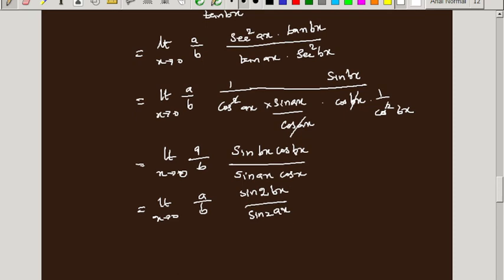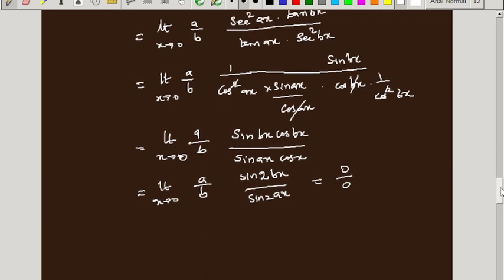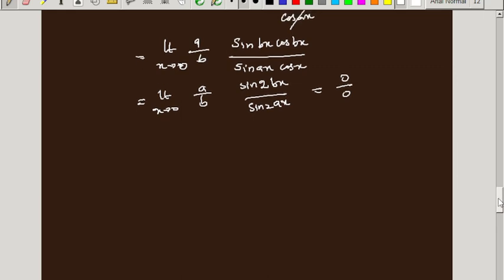The 2 in the numerator and the 2 in the denominator get cancelled, and we can write it in this format. Now if we substitute 0, we get 0 by 0. So this simplification helps us differentiate the numerator and denominator separately. We need not apply the product rule. Once the term is simplified, we get the answer soon.